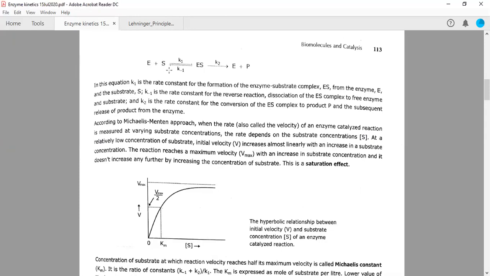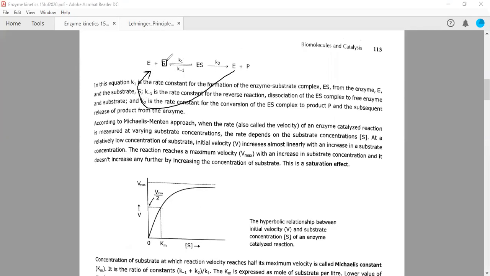This enzyme will react with substrate, and before the formation of product, a stage that is called the enzyme substrate complex formation stage will happen, and this stage is followed by the formation of product. Now this product is actually the plus sign here. So the product will be released out of the enzyme, and the enzyme will bind with another substrate. So you can think like this, the enzyme will go back and then again bind with a new substrate.